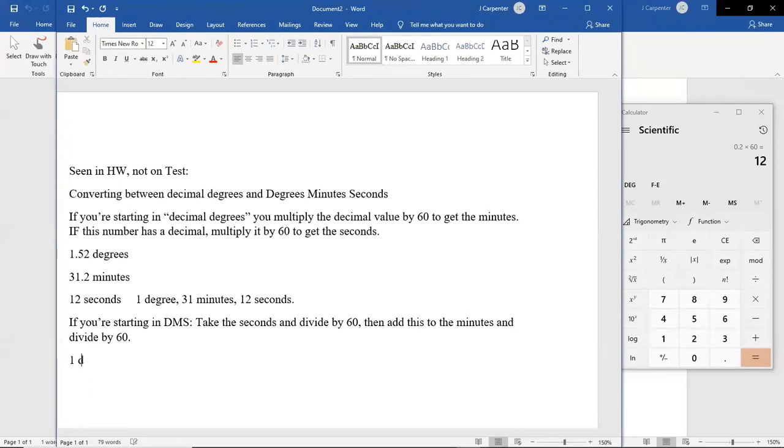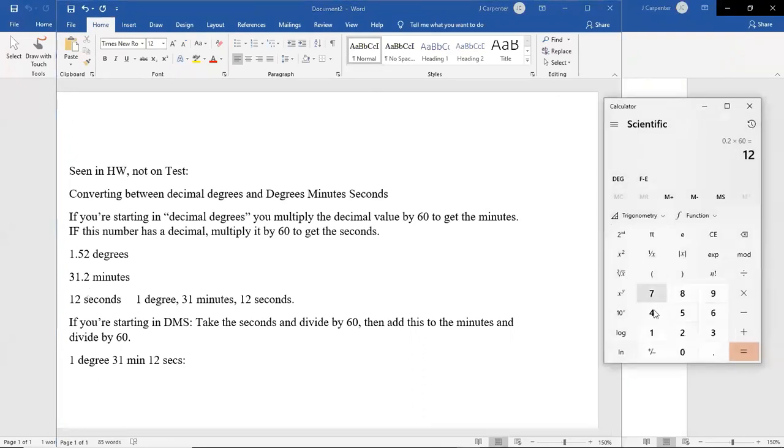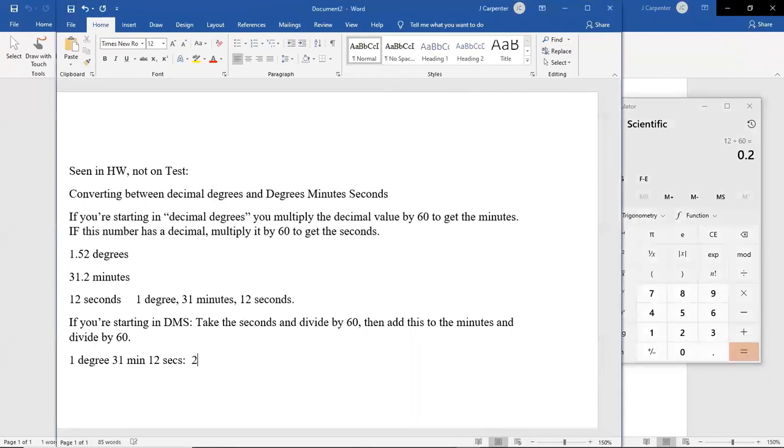Let's take the 1 degree, 31 minutes, 12 seconds. Let's take the 12 and divide it by 60. And we get 0.2. 12 divided by 60 is 0.2.